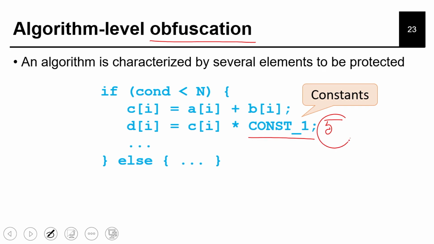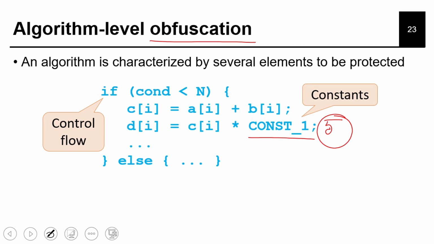If you hide this 5, he will search for which constant this program will give the correct output. If you hide this information, the constant, and it is a 32 bit value, now it has 2 to the 32 possibilities. So, he will basically search for which constant value this program is correct. So, this is one piece of information we can hide.